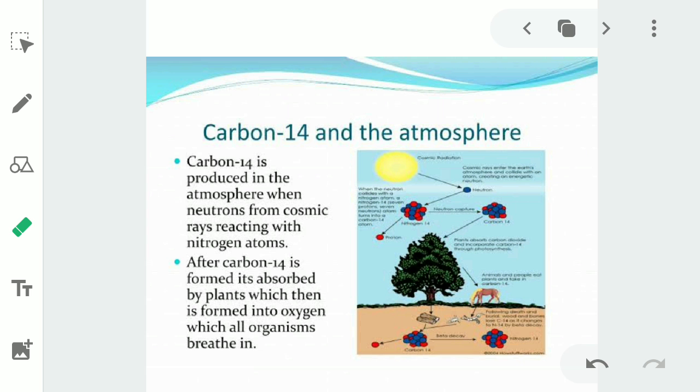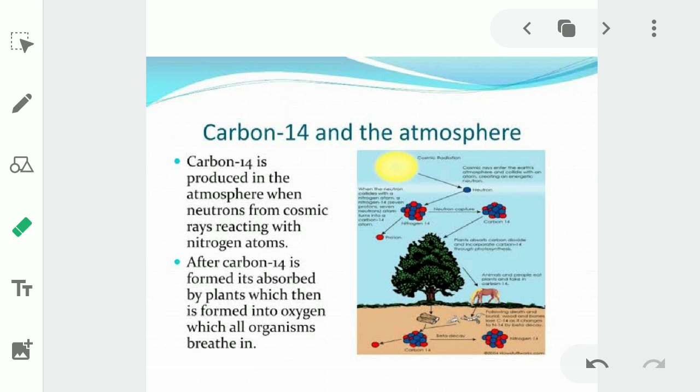C12 is non-radioactive and C14 is radioactive, so the ratio of C12 and C14 changes continuously. When we are alive, the ratio of C14 to C12 is constant. But when we die, obviously the ratio will change, because C14 will remain in the dead and decaying bodies, but C12 vanishes slowly and steadily.